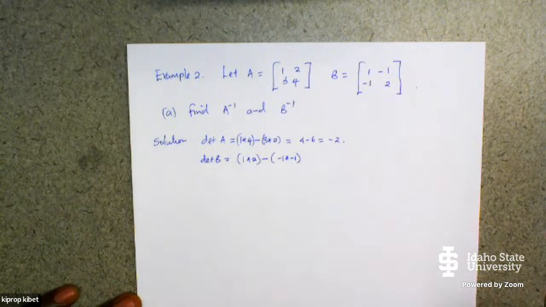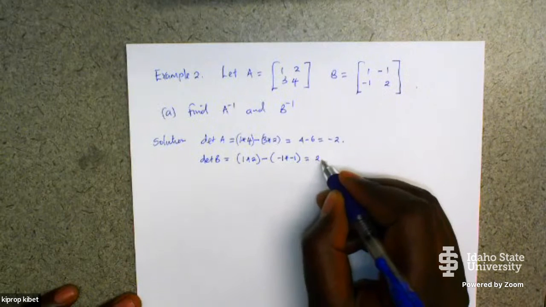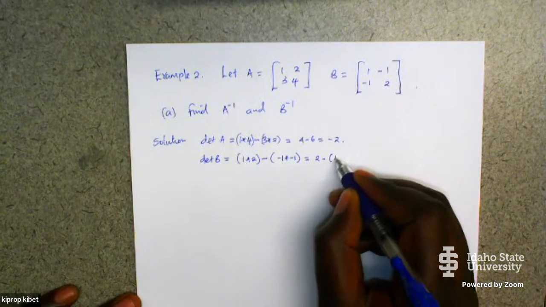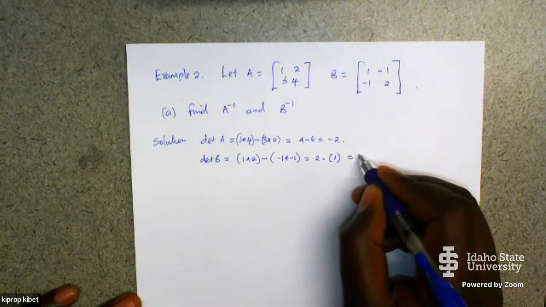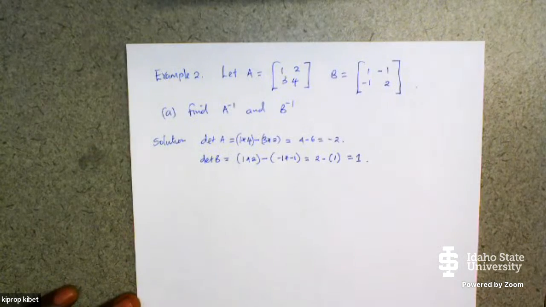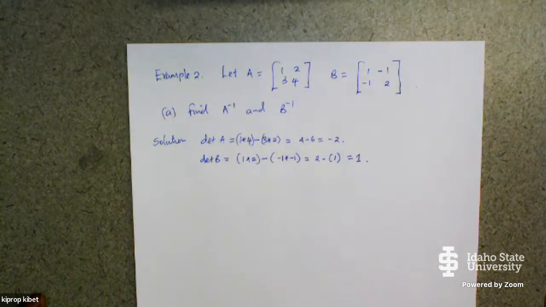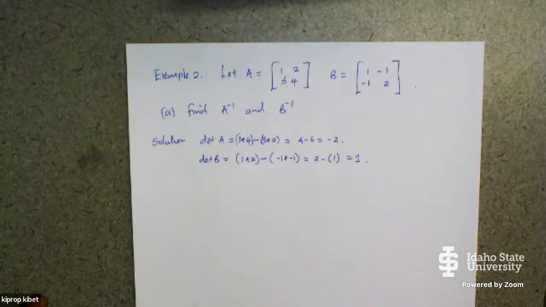And this equals 2 minus 1, which equals 1. So that is the determinant.